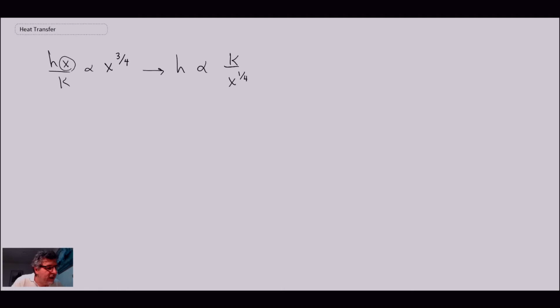So here we're looking at h of x, and if we want to obtain the average convective heat transfer coefficient across the plate, we would integrate it over the length of the plate, h of x dx, just like we did earlier for the flat plate.